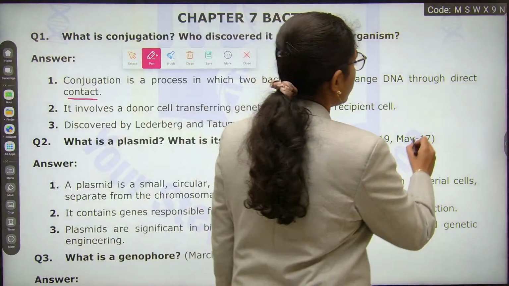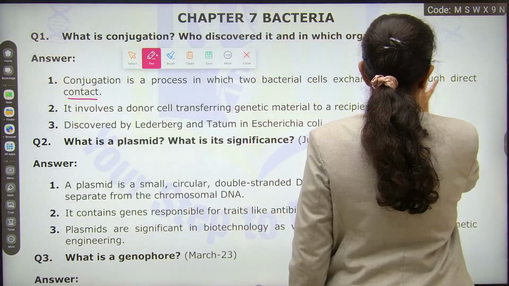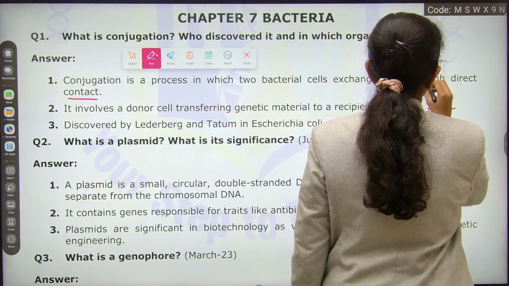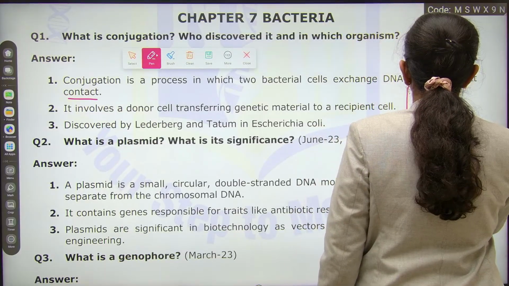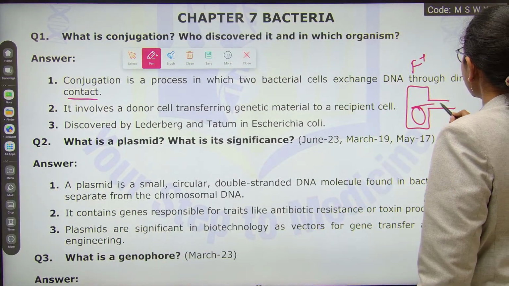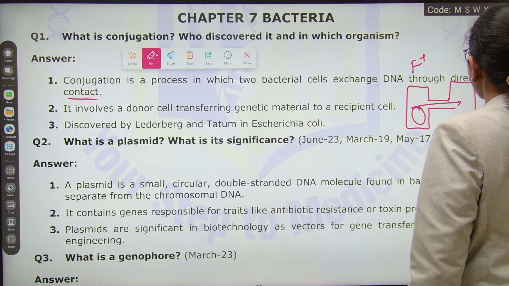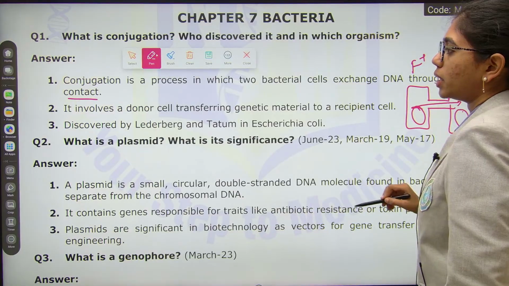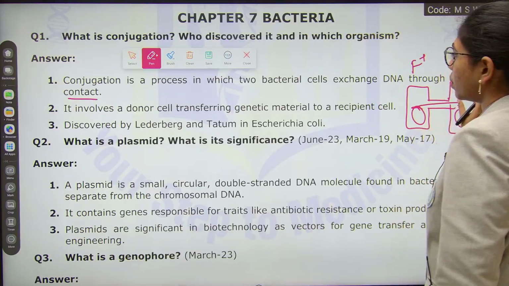You will have two different strains of bacteria. The F plus strain has the F factor in its plasmid DNA and transfers genetic material to the F minus strain. F plus is the donor and F minus is the recipient.